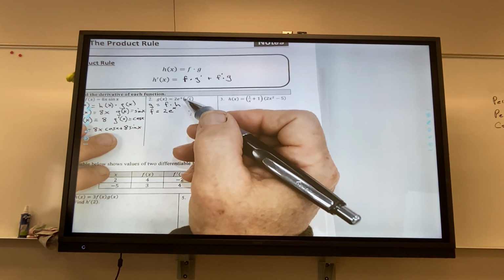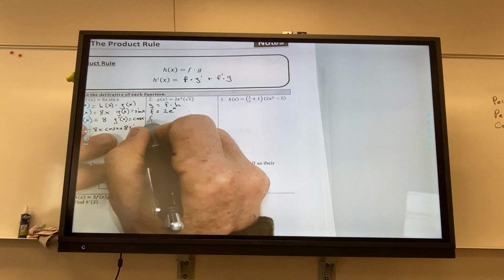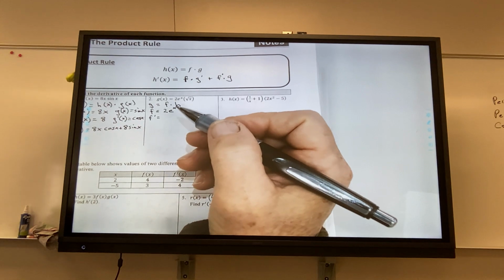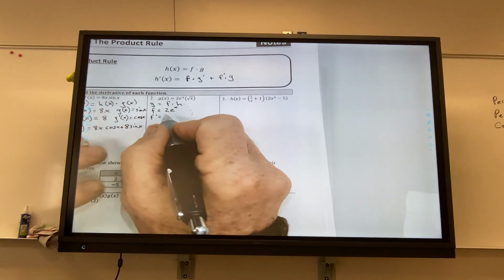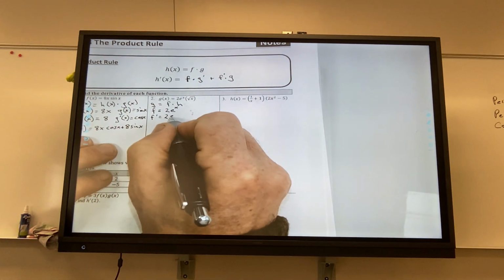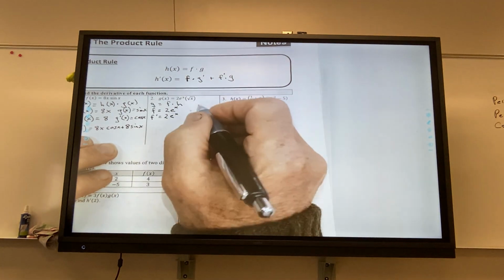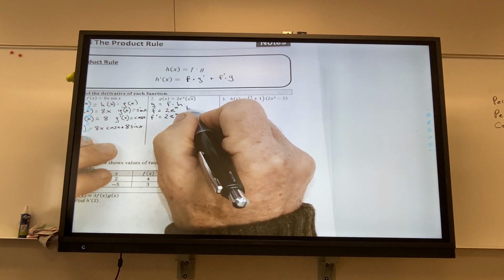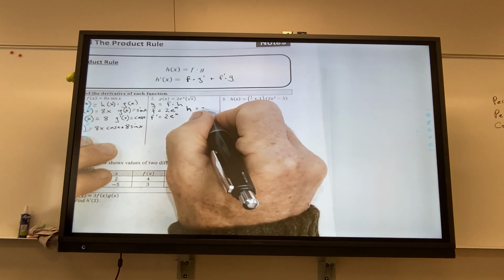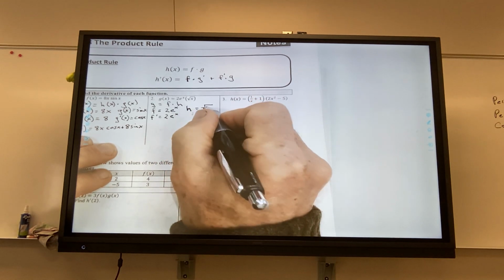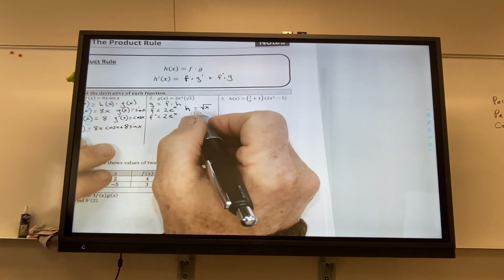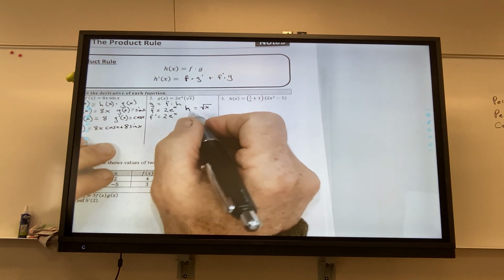Are you smiling in your heart? Why? Well, because you know its derivative. Yeah, that's exactly correct. Okay, Jonah, what's H then? Square root of x. We've done this one a lot. This is a very popular function, square root of x, okay?